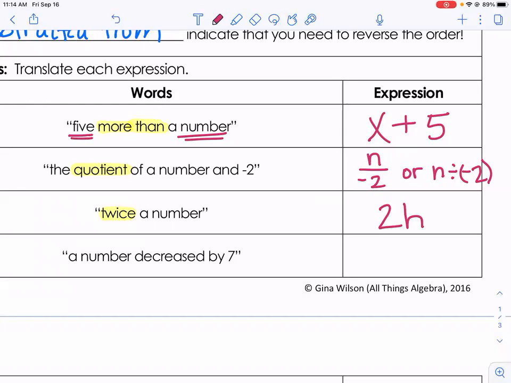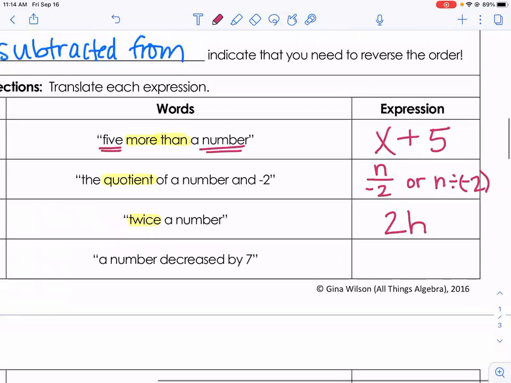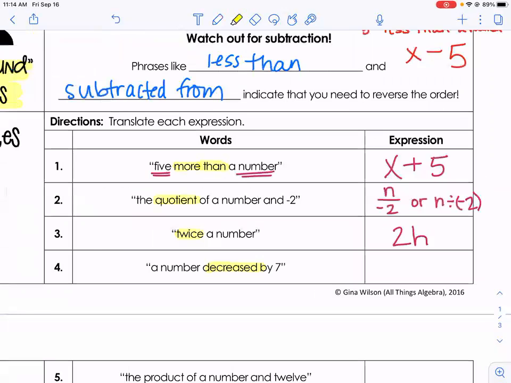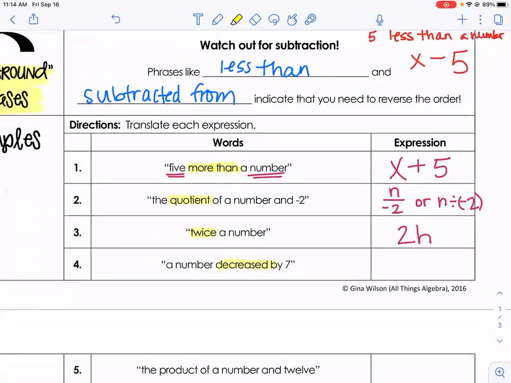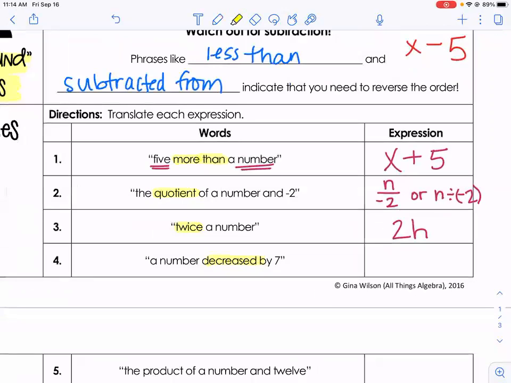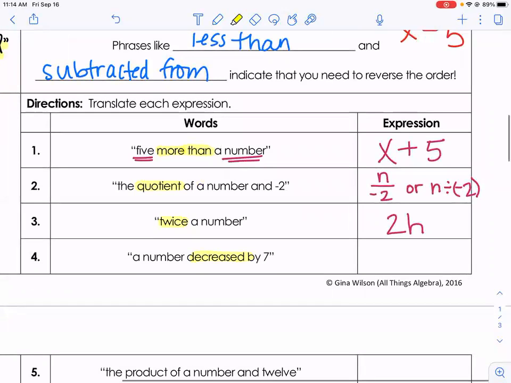Arislin, what word pops out at you for that number 4? Decreased by. A number decreased by 7. What operation are we doing? Subtraction. A number decreased by 7. Okay.